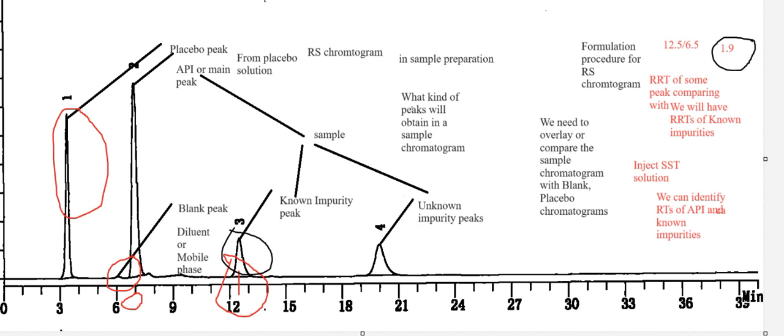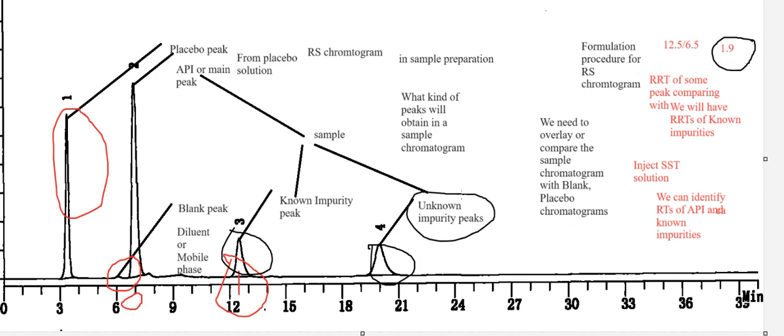Or else, if the given RRTs do not match the peaks eluted in the chromatogram other than API, placebo and blank, those can be named as unknown impurities.